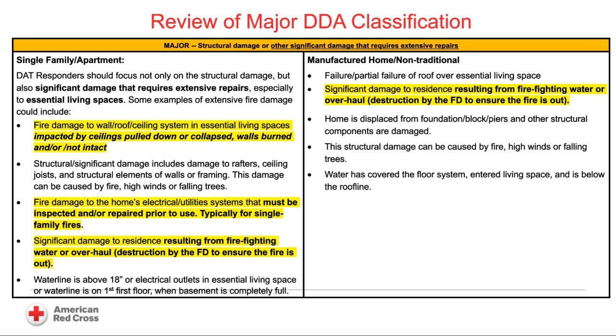For example, if the fire damage is to a wall, a roof, or a ceiling system in an essential living space, and it's impacted by the ceilings pulled down or collapsed, or the walls burned and not intact, that would be an example of significant damage that requires extensive repairs.